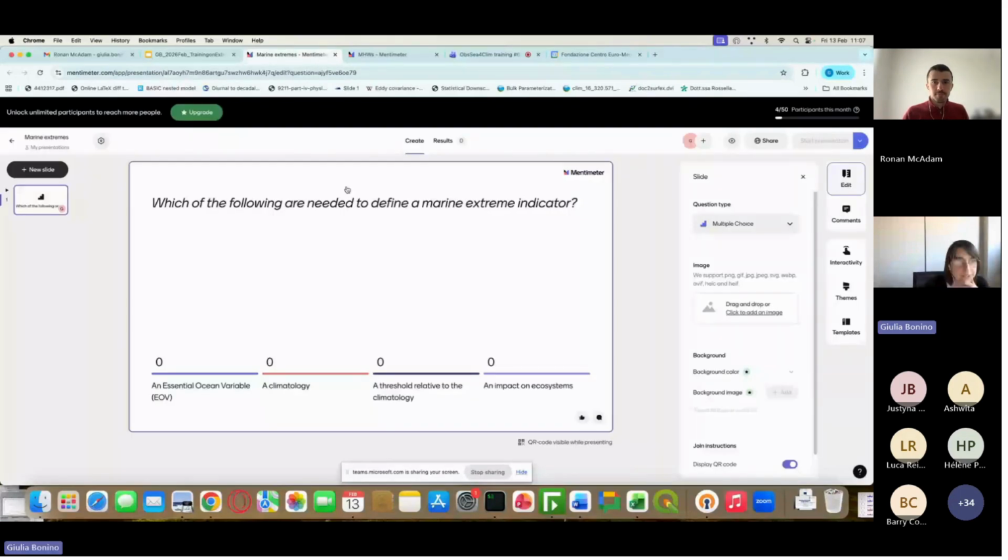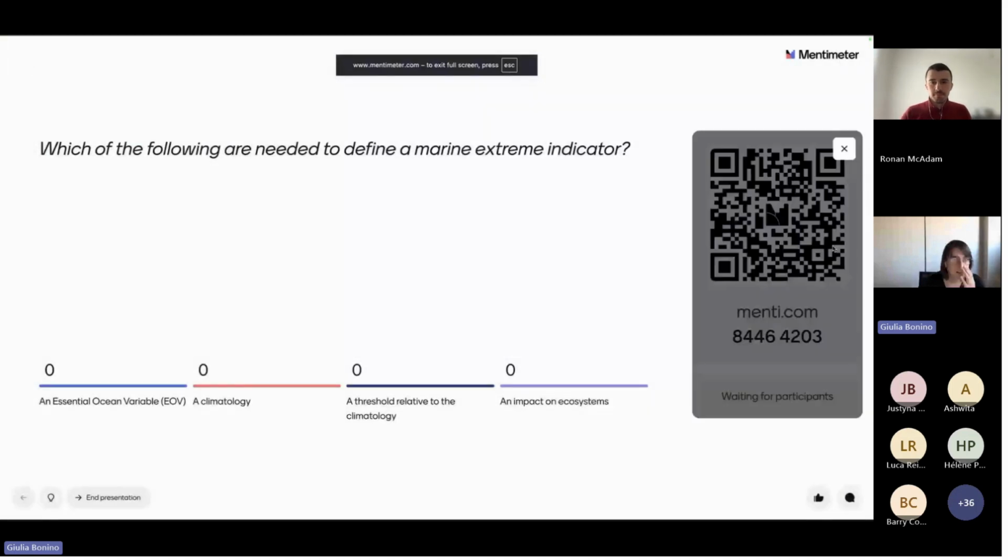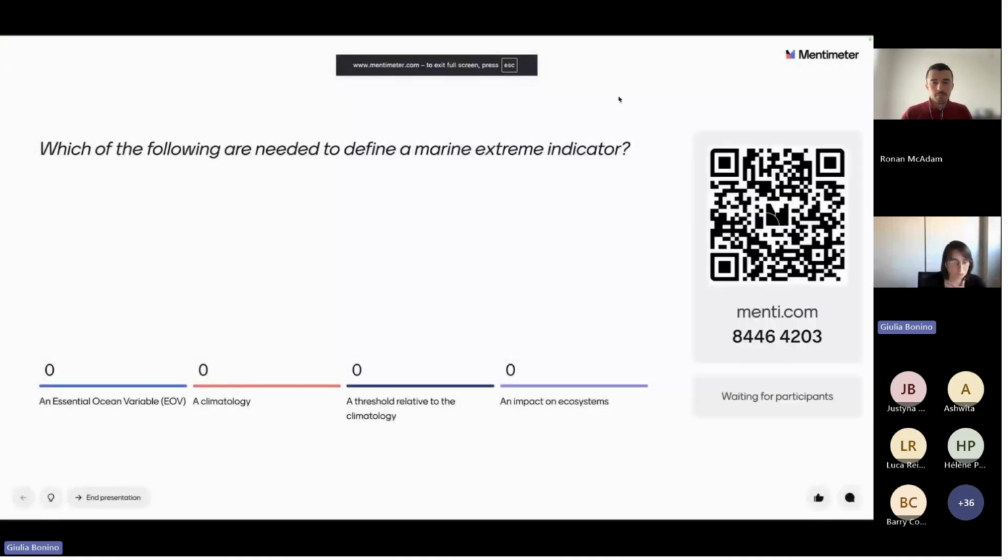I'm going to start the presentation here, and you have to scan this. I think it is a multiple-choice question. The question is, which of the following are needed to define a marine extreme indicator?